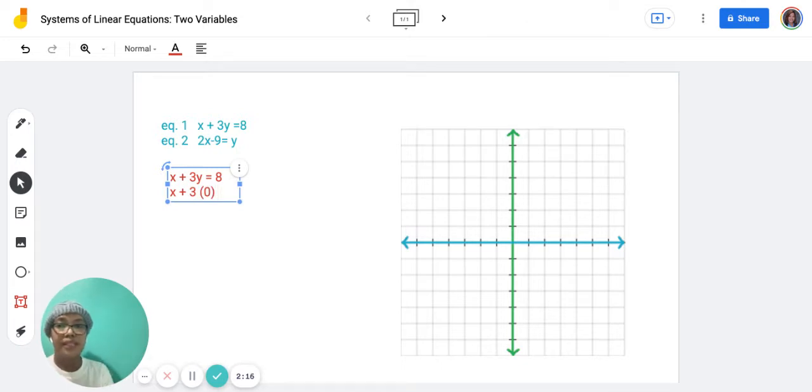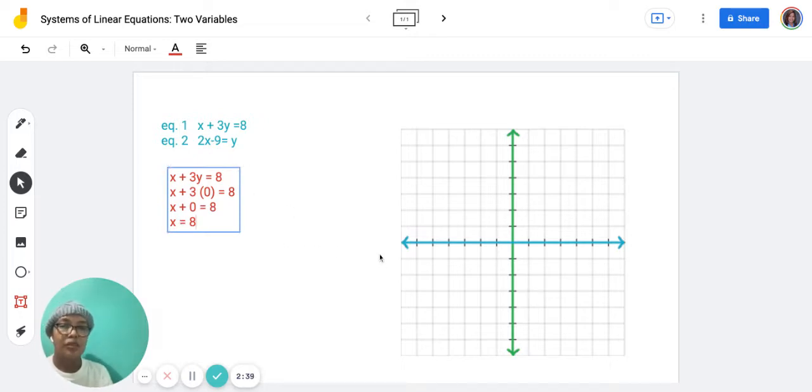In solving x-intercepts, we should always equate y to 0. So x plus 0 is equal to 8. Therefore, x is equal to 8. So that is the value of x.